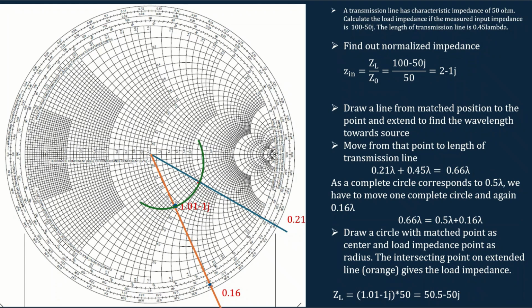When you draw the circle, it will intersect this line at a point, and that point will give you the value of your load impedance.